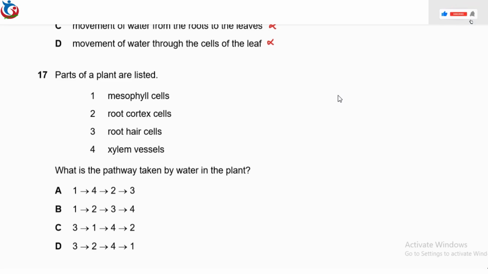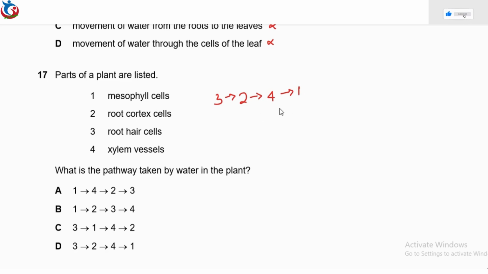So for us to arrange this, first of all, know that water is absorbed first at number 3, the root hair cells, followed by the root cortex cells, followed by the xylem vessels, that's number 4, followed by the mesophyll cells.